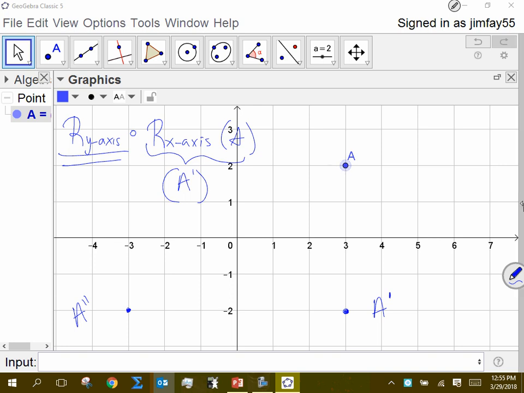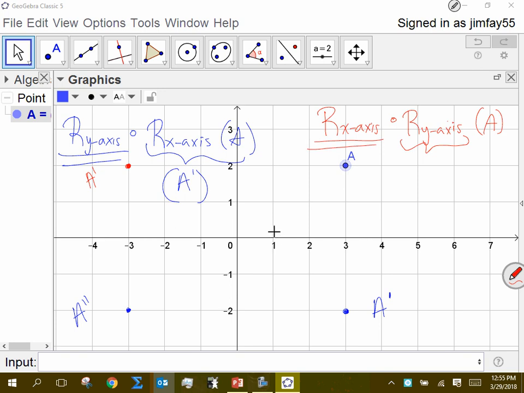Okay, let's flip-flop it. Let's say we're going to do the x-axis first, composed. Writing it, we'll say x-axis first, but when we actually do this, we're going to work from the right to the left, so we'll do this one first. So let's take A and reflect on the y-axis. Where's that going to take it? -3, 2. So now that would be A prime. And now do that reflection.